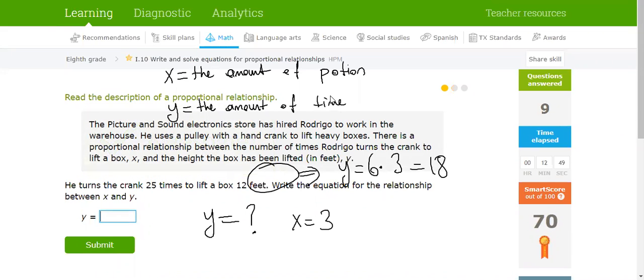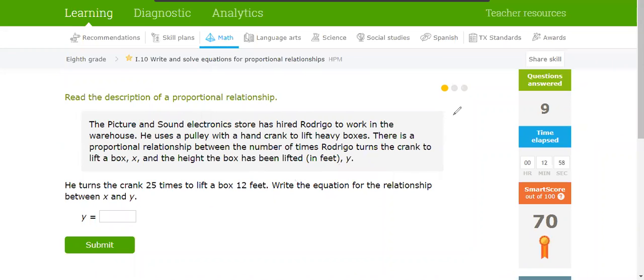And now let's look at this example. It's a new one. So let's see what x represents. x represents the number of times Rodrigo turns the crank to lift a box. The number of times. I'm going to write the number of times. So what is y?